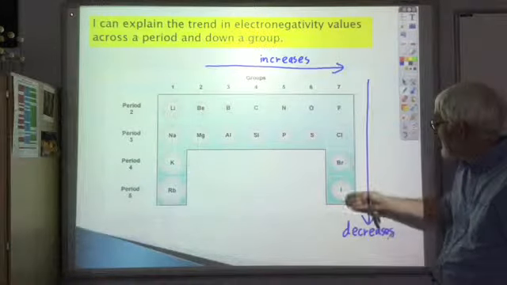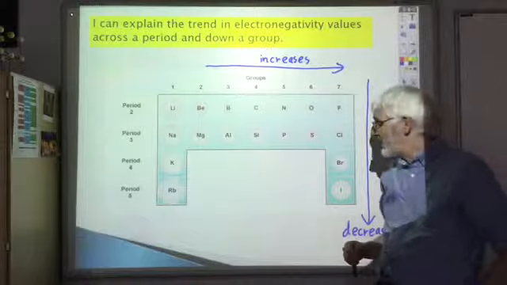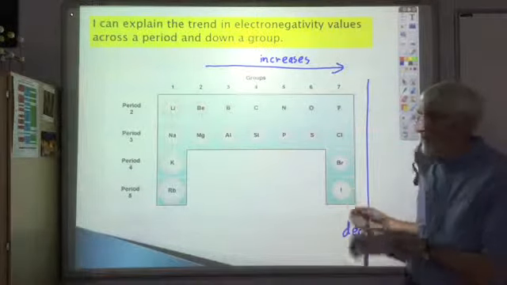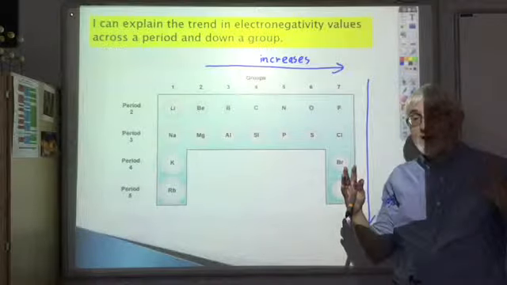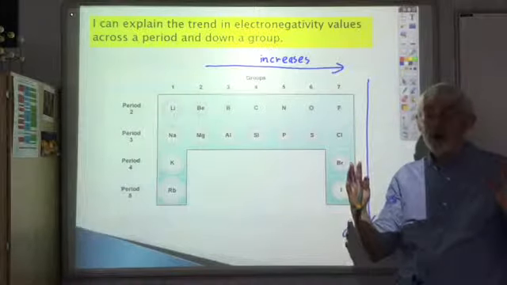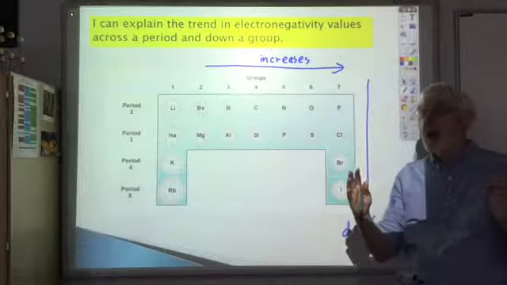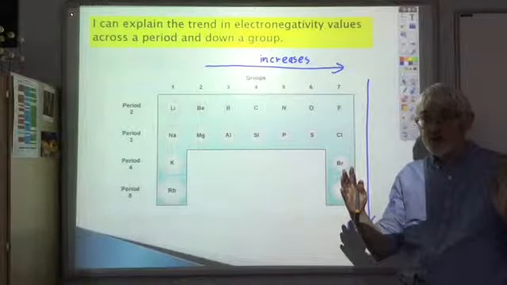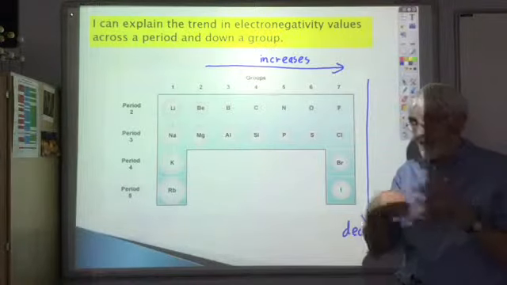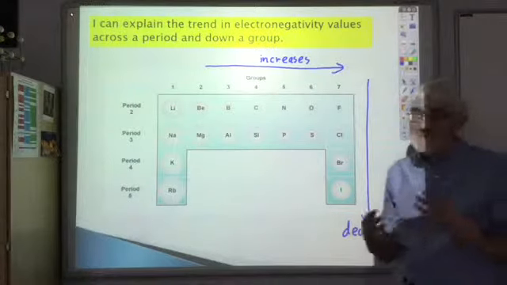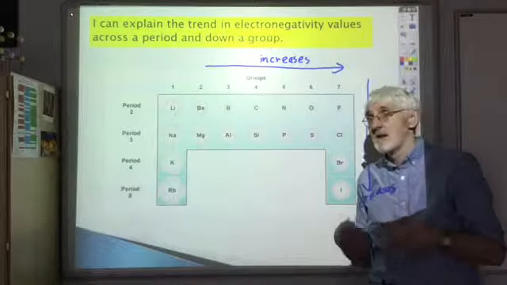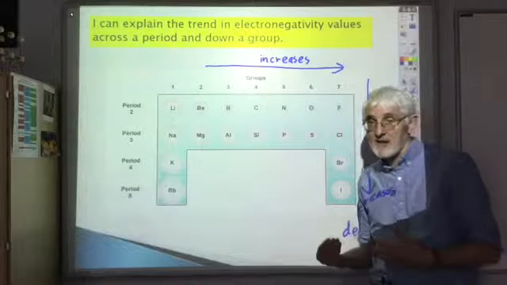And the reason it decreases down the group is because the bonding electrons go into the outer electron shell, which for iodine is far further away from the nucleus than for fluorine, because it's got more outer electron shells, and the electrons in those outer electron shells are shielded from the nucleus by the inner electrons. So it's basically the same explanation, kind of works for atomic size, ionisation energies and electronegativities.